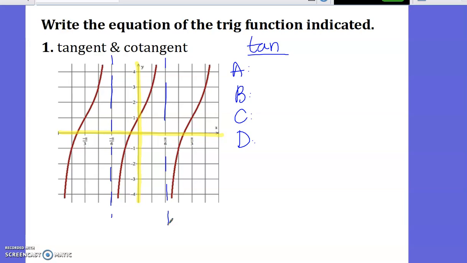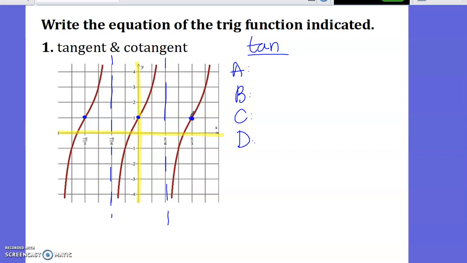I know that the middle point is going to be in between these two asymptotes. So the asymptotes are 4 units apart, so I know that middle point, or my starting point for tan graphs, has to be in between those, right in the middle.